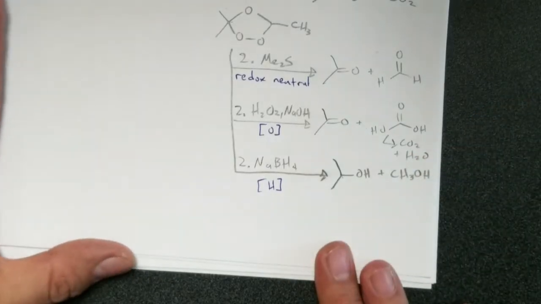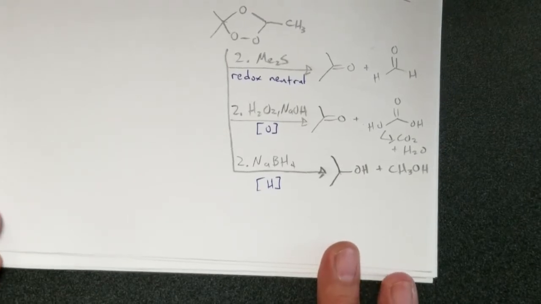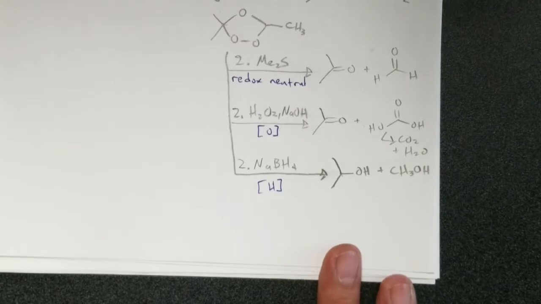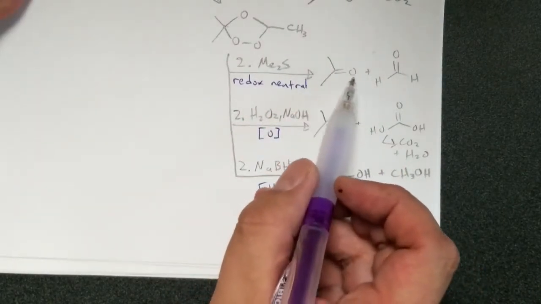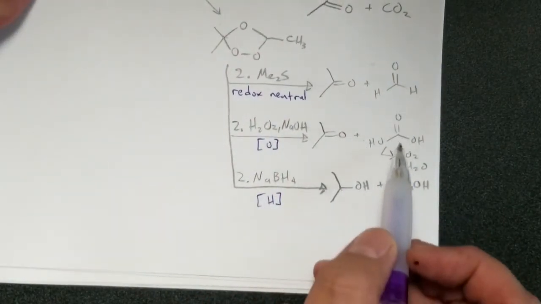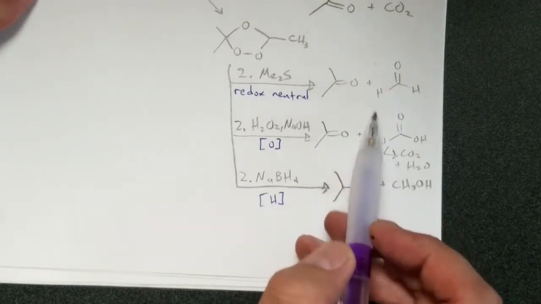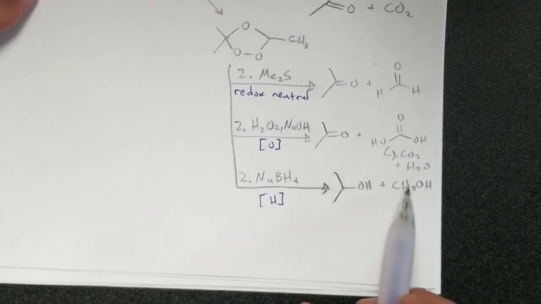That's reductive. In short, when we talk about redox reactions in organic chemistry, we are referring to gaining or losing bonds to O. So if you see here that the bonds to O are different from one to the next, this would be redox neutral. Extra bonds to O is oxidative. Losing bonds to O is reductive.